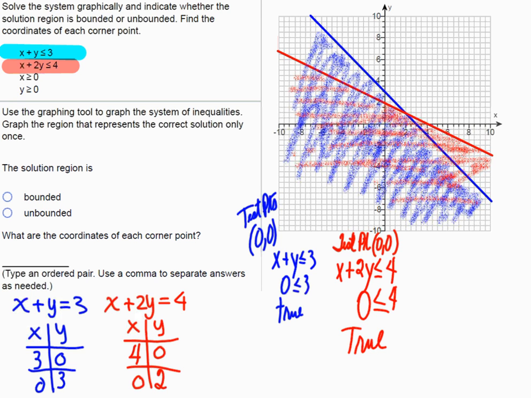So next thing, just to see where they're going to intersect, we're going to do simultaneous equations. I'm going to take x plus y is equal to 3, and x plus 2y is equal to 4.